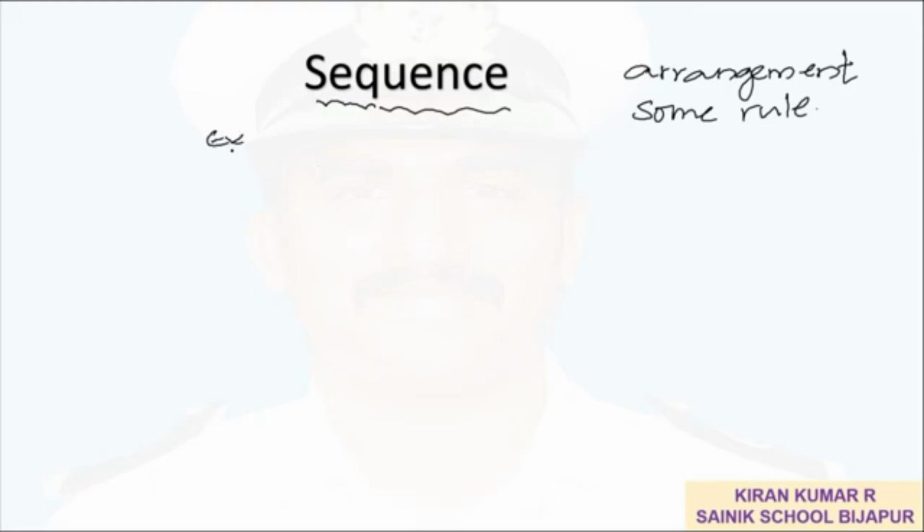For example, if I consider the numbers 1, 2, 3, 4, 5 and so on, these are the set of natural numbers. It is following a kind of rule. The succeeding number of the preceding number is obtained by adding 1. So the set of natural numbers is a kind of sequence.